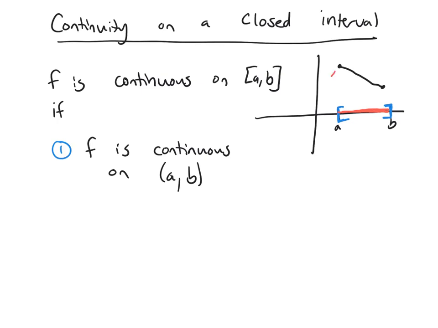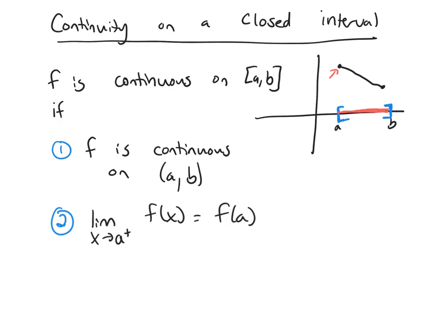So I have this first endpoint right here, which is going to give me my second condition. Because I'm only looking in that interval, I only have a right-handed limit. So here the condition is the limit as x goes to a from the right has to be the same thing as f of a.